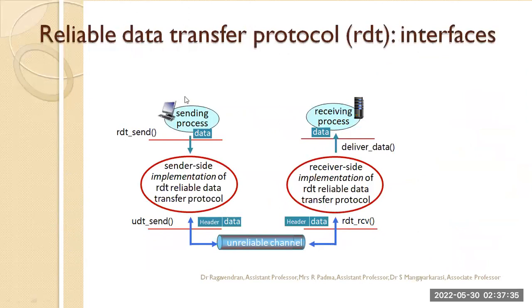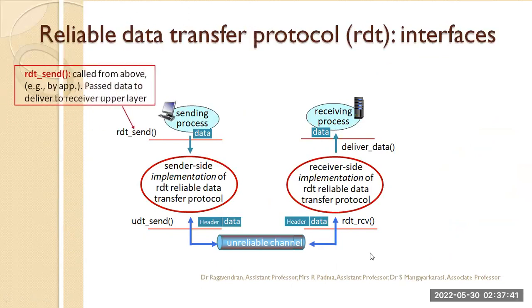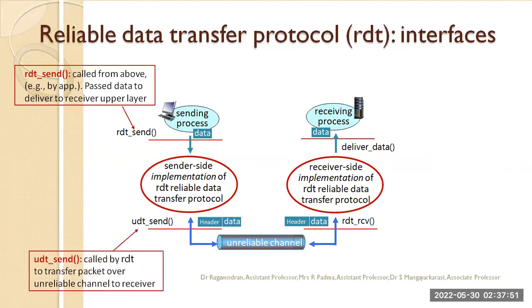So the reliable data transfer protocol interfaces. This is the sender and receiving side. The information is sent through the call to pass data to deliver to the receiving upper layer.